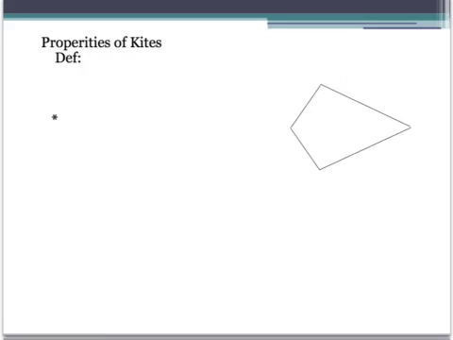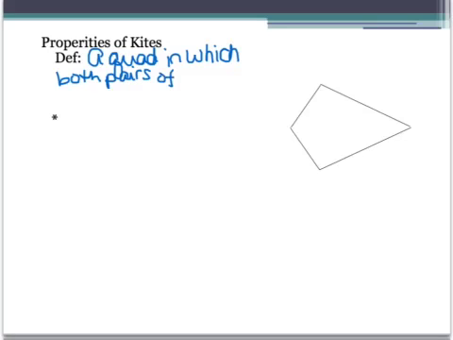Okay, now let's move on to kites. The definition of a kite is a quadrilateral in which both pairs of consecutive sides are congruent. Okay, what I mean by that is I'm going to go over here and label my kite.